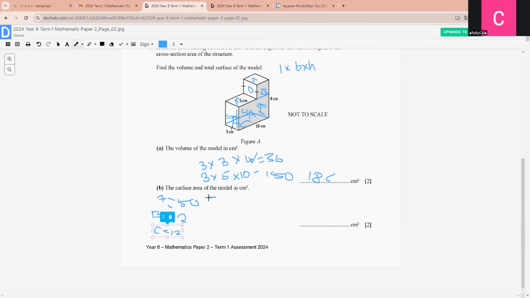And D is 3 cm multiplied by 3 cm, so D equals 9. E is 3 cm multiplied by 6 cm, so E equals 18. F is 3 cm multiplied by 5 cm, so 15.